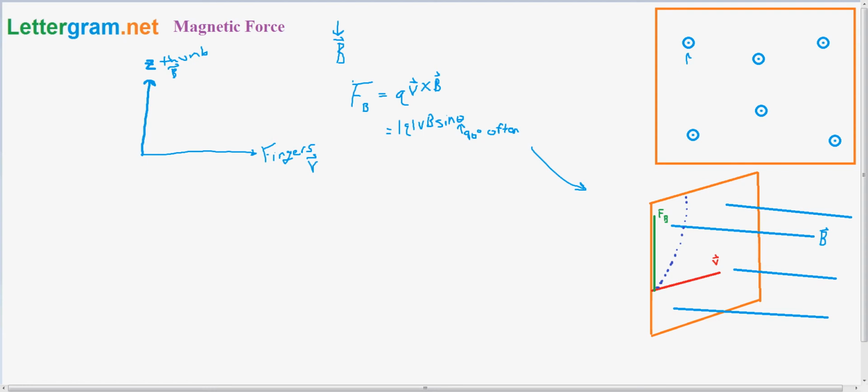Now right here, there's two different types of symbols. This one, the circle with an X, and this one, circle with the dot. Circle with the dot is pictured as an arrow point coming out of the page. This right here means that the magnetic field is coming out of the page.